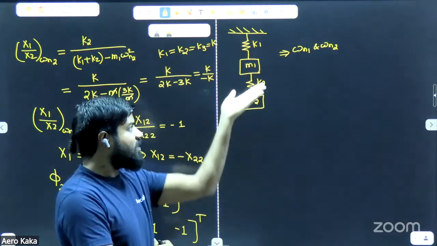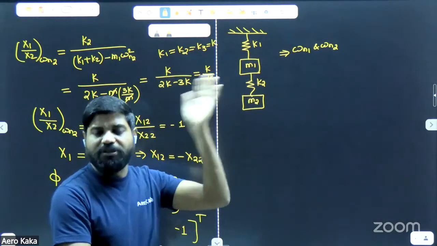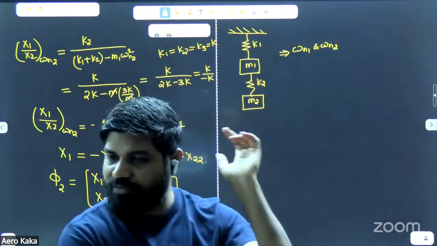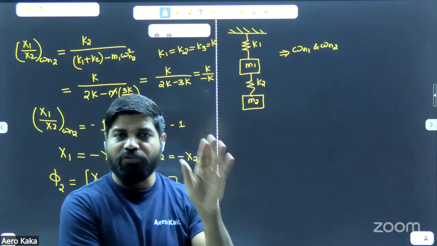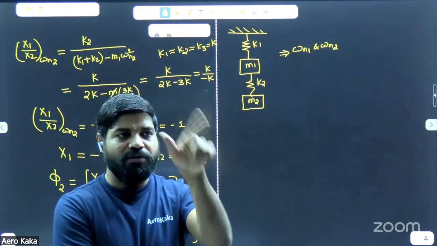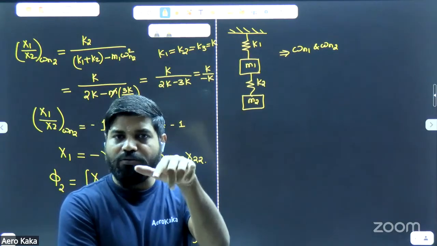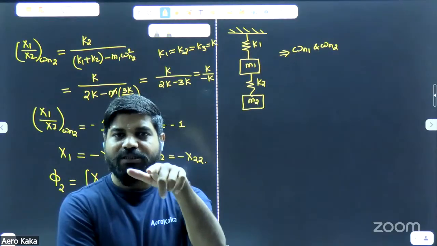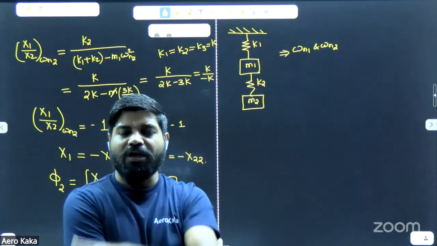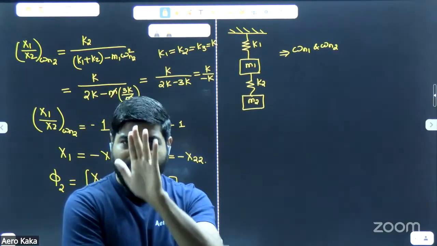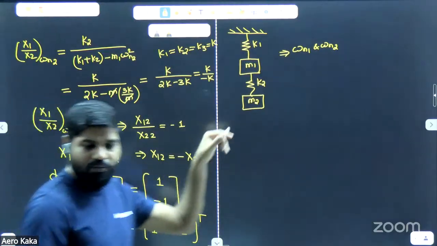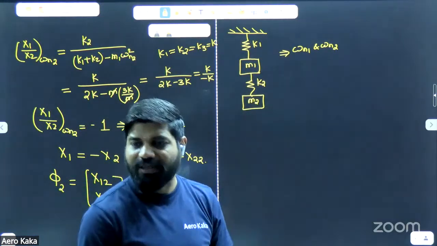See, whenever it's a longitudinal vibration, just remember the frequency equation. You have to start from there. What is the frequency equation we are getting for this? M1 M2 omega raised to power 4 minus, in square bracket, in bracket you can write K1 plus K2, M2 plus how much? K2 plus K3, bracket close, M1, square bracket close, omega square, plus in another bracket K1 K2 plus K2 K3 plus K3 K1.